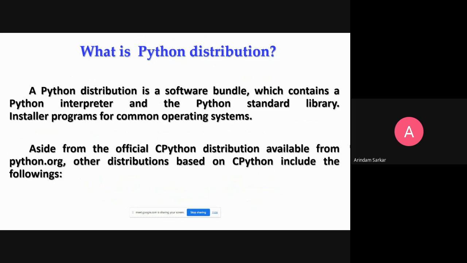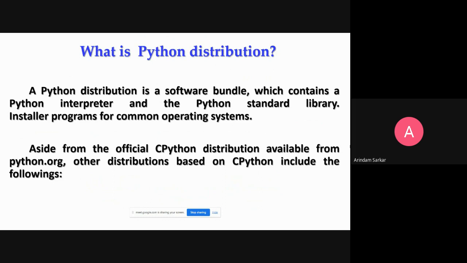A Python distribution is a bundle of software which contains a Python interpreter. As I told you, Python will interpret whatever you have written in your English-like language into machine level language so that the machine can understand it and the processor can process it. Again, the processor gives you the result in machine level and the interpreter converts it to high level so that we, the human beings, can understand.